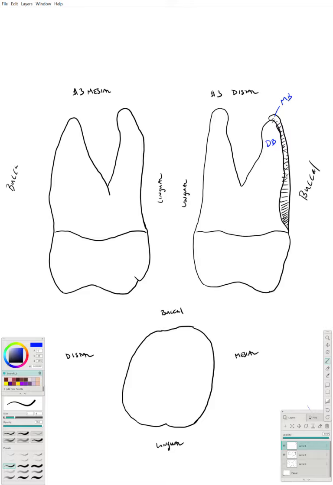So last thing is our occlusal view. And this one, it's kind of hard to figure out how to make this look like you're looking at the tooth.